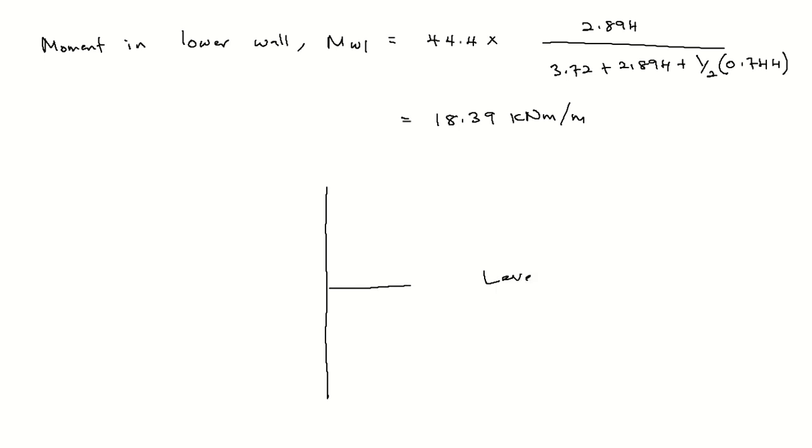This is level 1, so this means this is the ground floor, this is level 2. So the moment in lower wall, 18.39, is at level 1, although it is lower wall, it's actually here, and goes to the lower wall.